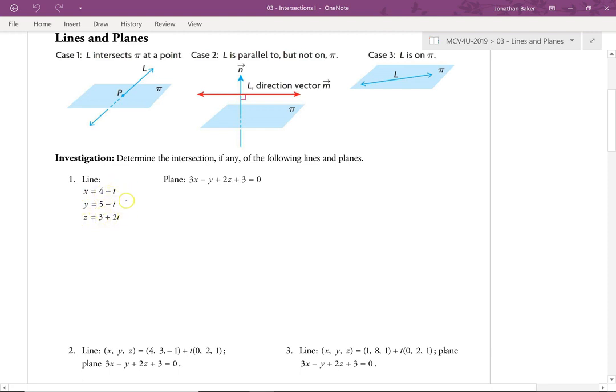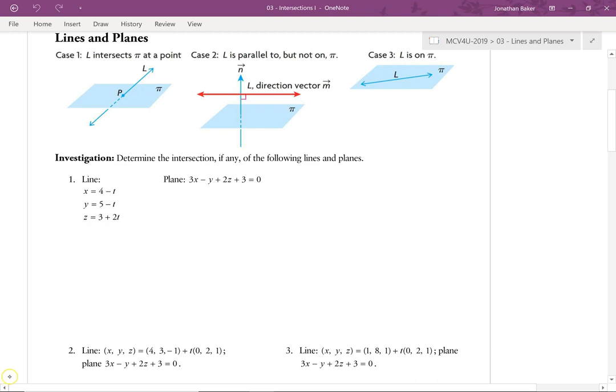Three expressions here that represent all points on the line. And with this Cartesian equation of a plane, we have an x and a y and a z in it already. And so the process of finding an intersection is literally just to substitute each of the parametric equations for x, y, and z straight into the plane.